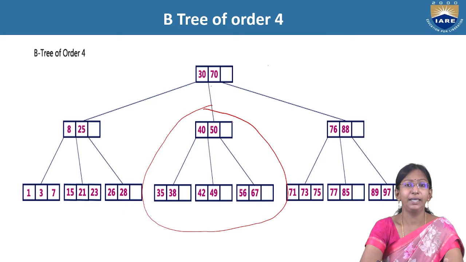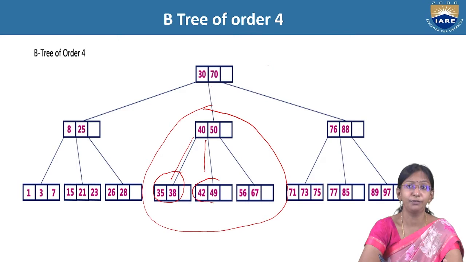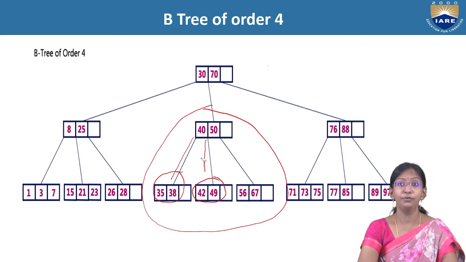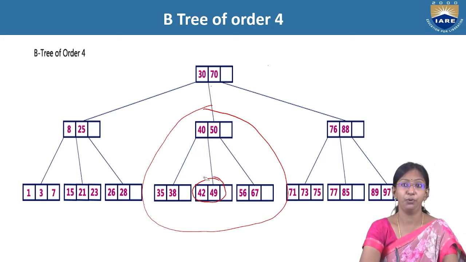40 and 50 are the 2 keys you have. The left subtree of 40 has the values 35 and 38, which are less than 40, whereas the right subtree of 40 has 42 and 49, which are greater than 40. So here the search property prevails.